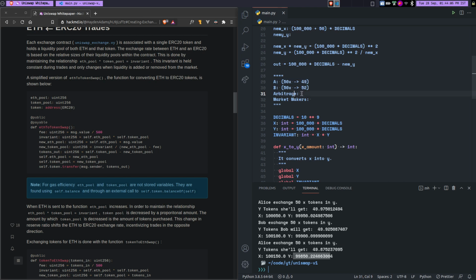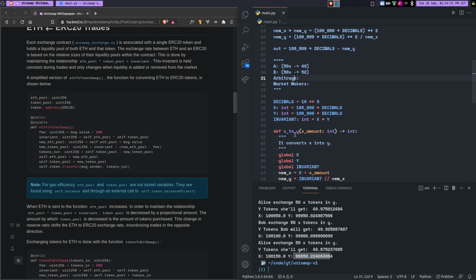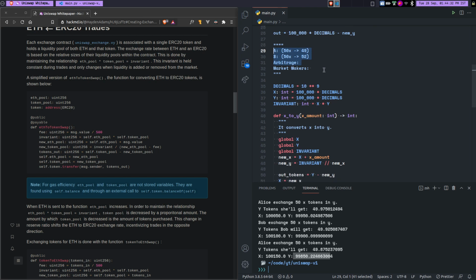They will exchange their X tokens into Y at a larger price in pool B, and then go to pool A and exchange their token Y back into X, so they will get more X.